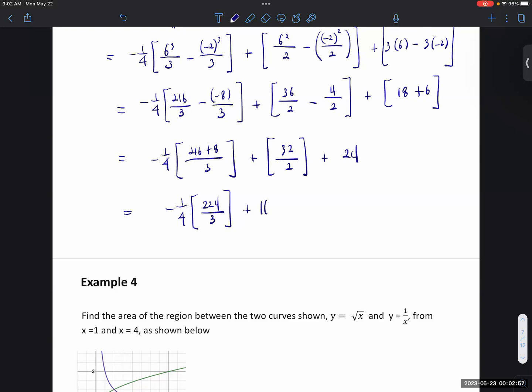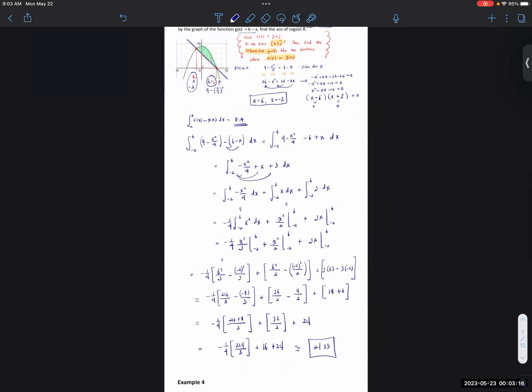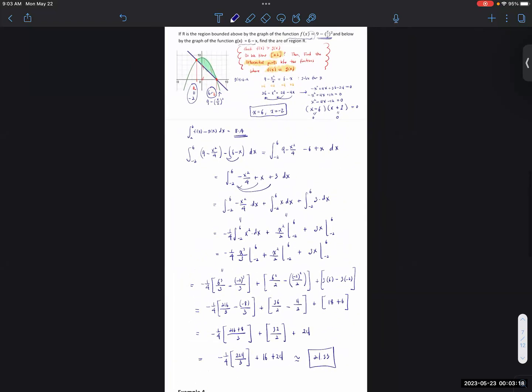Again, you can convert it to a decimal using your calculator. So I'm going to convert it to a decimal using the calculator at this point because we simplified everything. 21.33. So this is the area between the curves, the green area we are looking for.